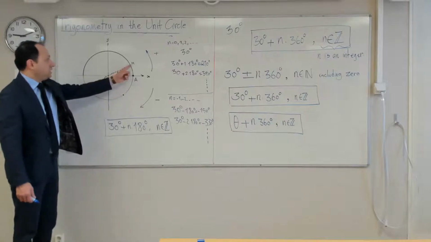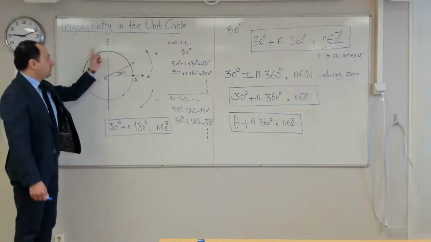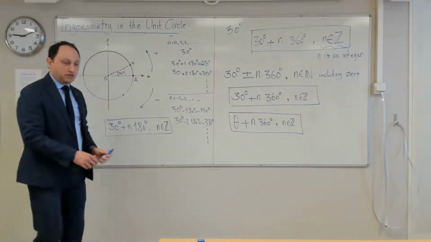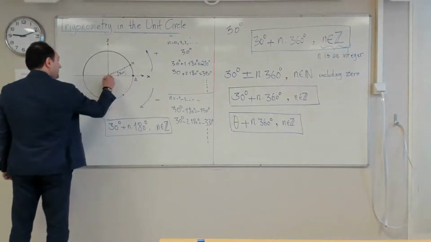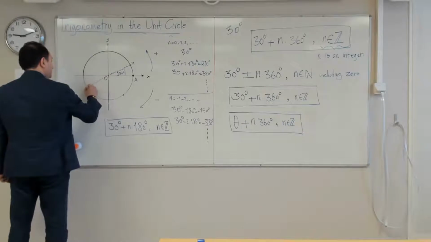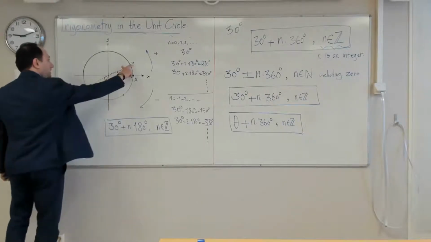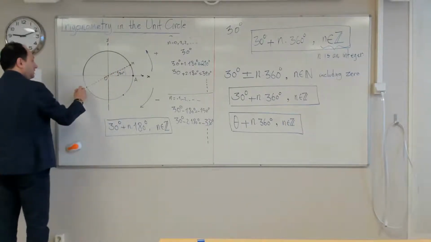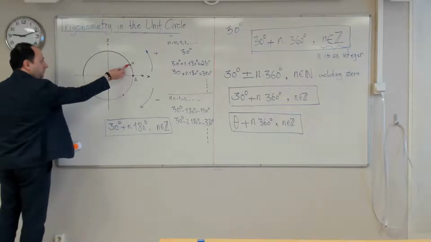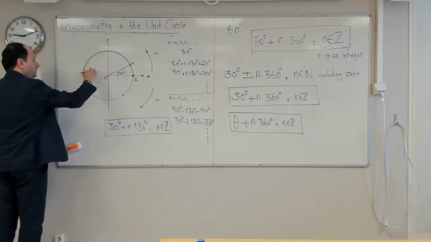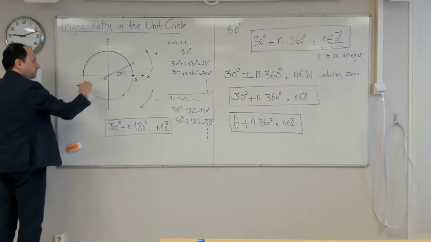So if I start here, I am not going one full round. I go just 180 degrees. So where do I end? I end exactly at the opposite point. So you see, this is one point, and this is another point. Do you agree? I started from here. If I rotate 180 degrees in the positive direction, I end up here.